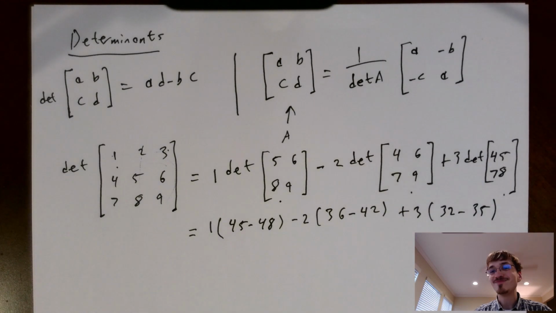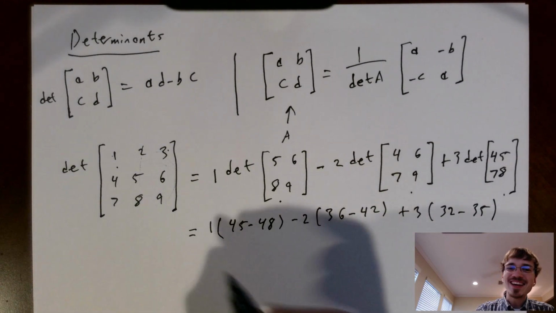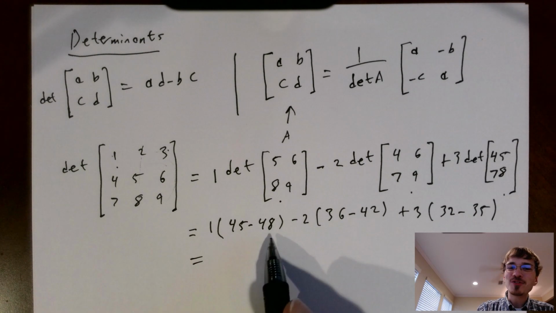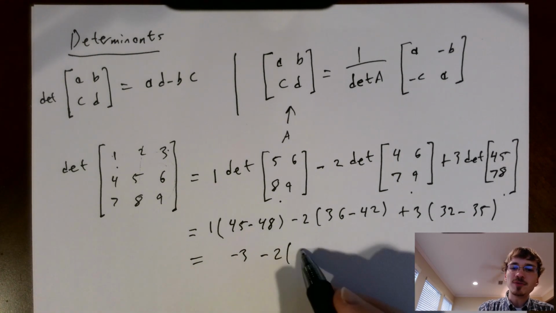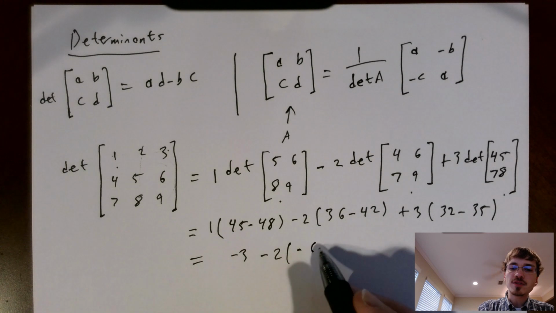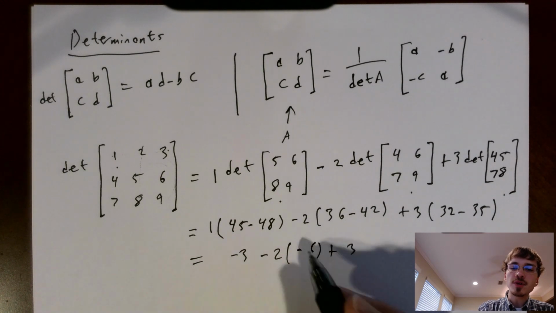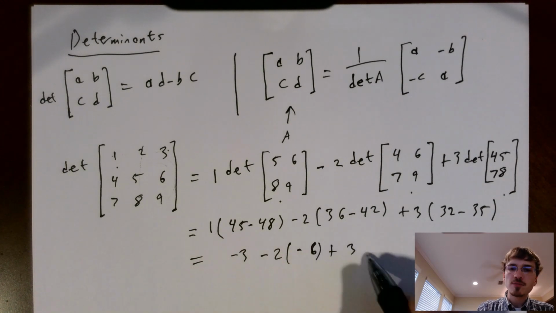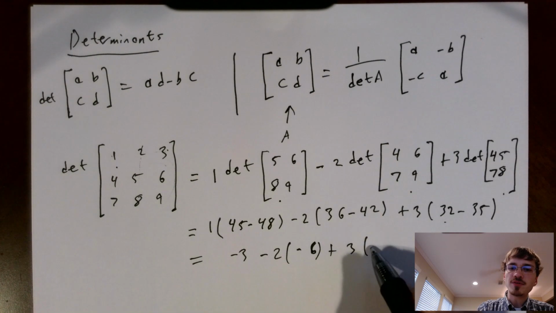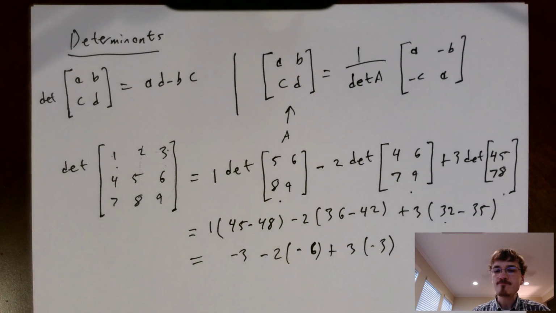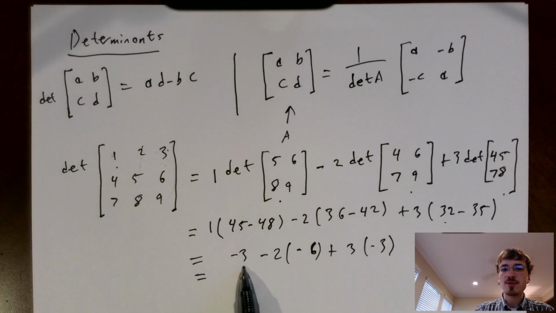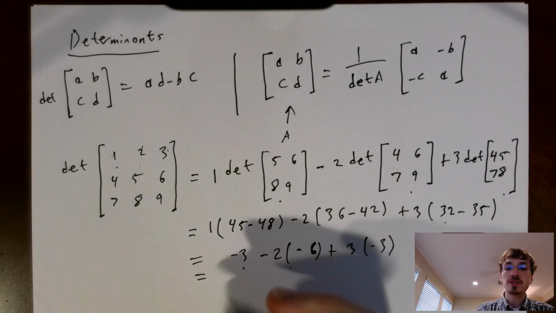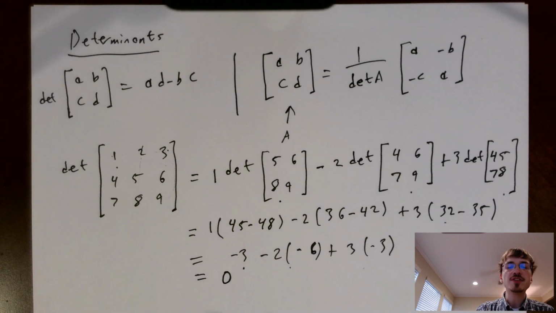And so when we simplify, 45 minus 48 is negative 3, minus 2 times negative 6 is plus 12, plus 3 times 32 minus 35 is again negative 3. So all of this together is negative 3 plus 12 minus 9. That's 0, isn't it? That's kind of interesting.